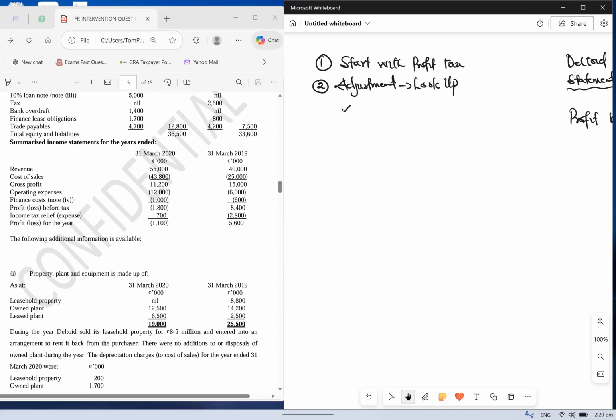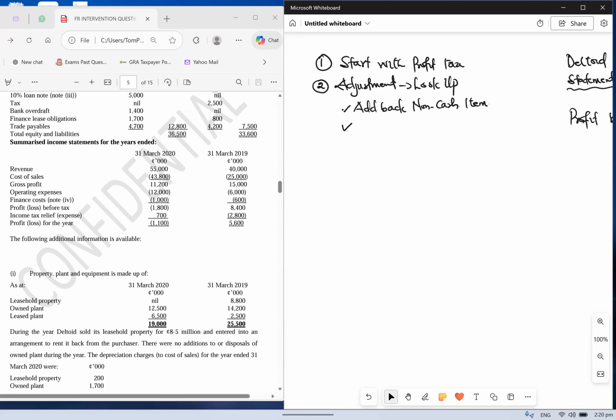You are going to add back non-cash items. When we say something is not cash, you should know, something like depreciation and all those things.